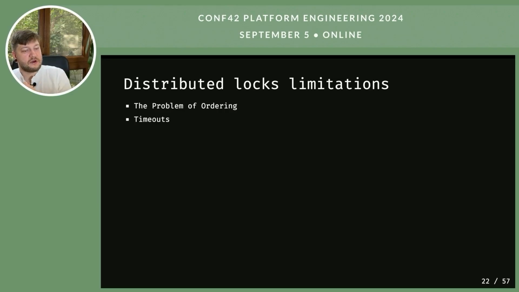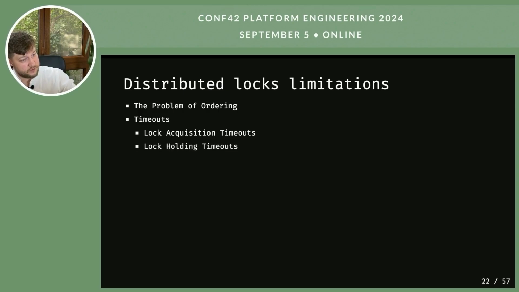Timeouts. There are actually multiple timeouts. First of all, it is the lock acquisition timeout. We as engineers should understand that when I'm trying to get a lock in our lock manager, we should be able to set some timeout, because we cannot wait infinite time for this lock, because it will just hang the process. And we should understand how to set this timeout, how to guarantee this timeout.